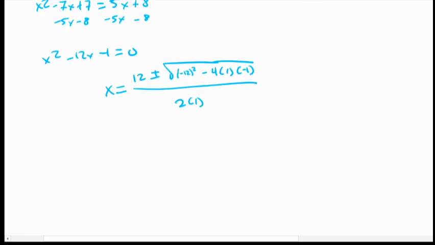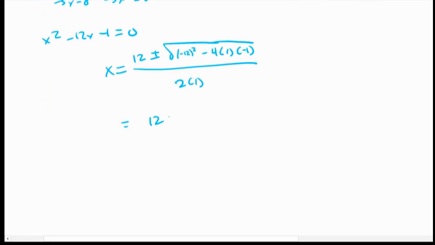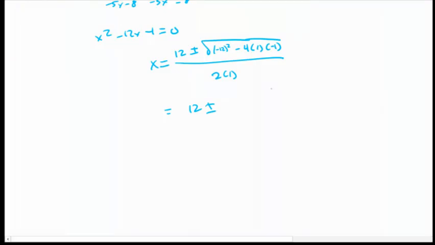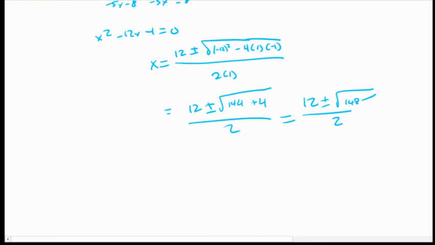And now simplifying that, square root 144 plus 4 over 2 plus or minus 148. Oh, that's going to be annoying to have to simplify. So 148 ends up breaking into 37 and 4.